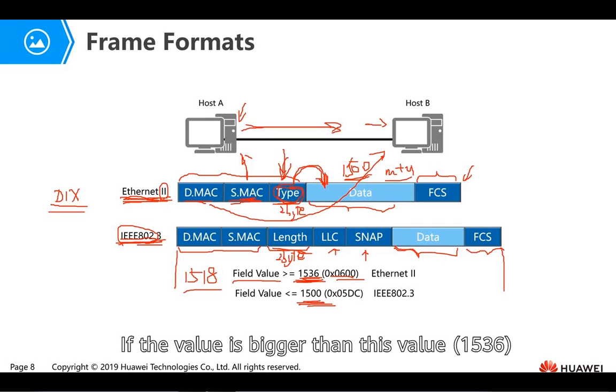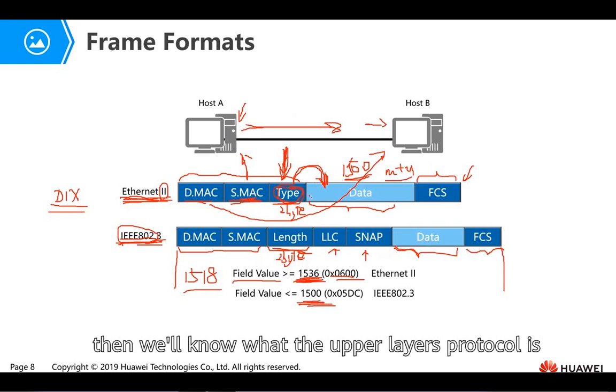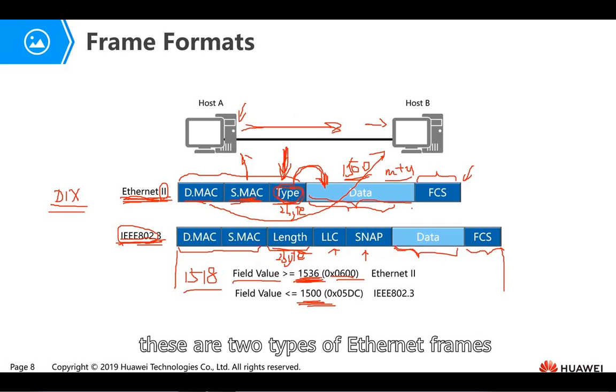If the value is bigger than 1536, then this is Ether2, and this field is regarded as the type, so we know the upper layer protocol. These are the two types of Ethernet frame. We should know there are two types and how to identify each of them.